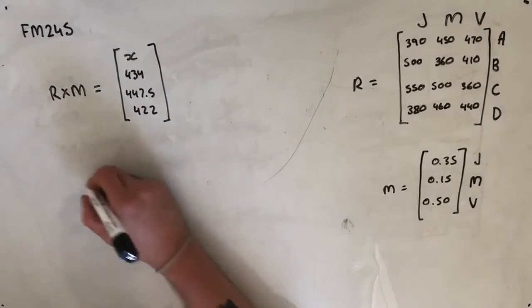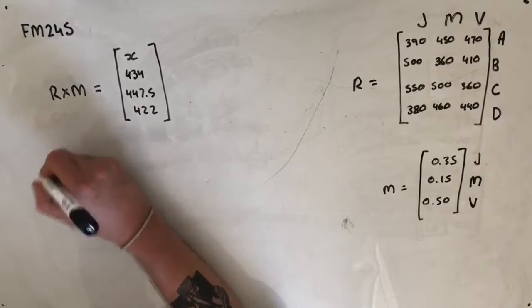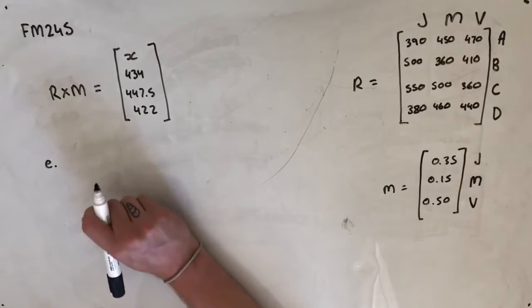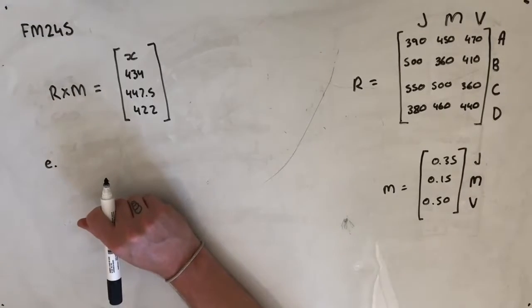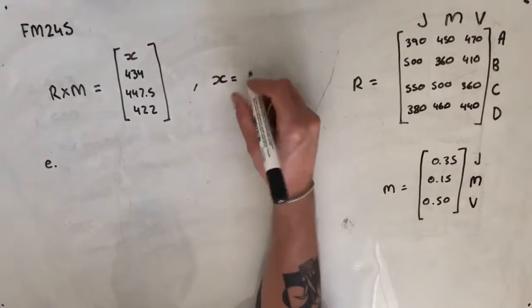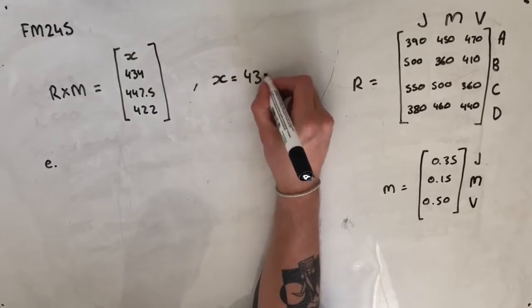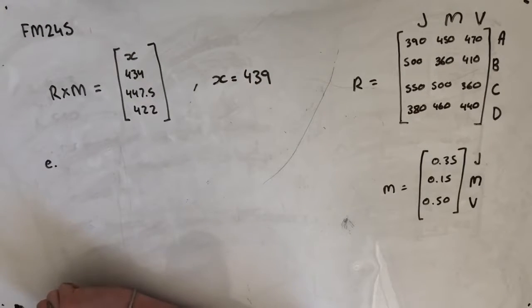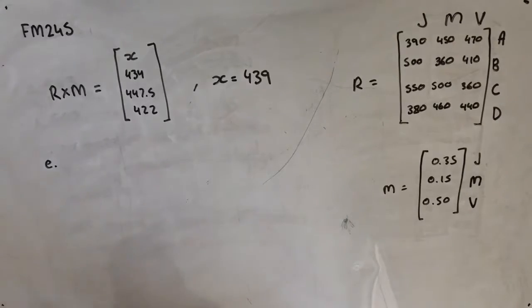So question E says, using appropriate elements from the matrix product R times M, write a calculation to show that the value of X is 439. So we're being told that X is 439, however, we have to show how it's 439.